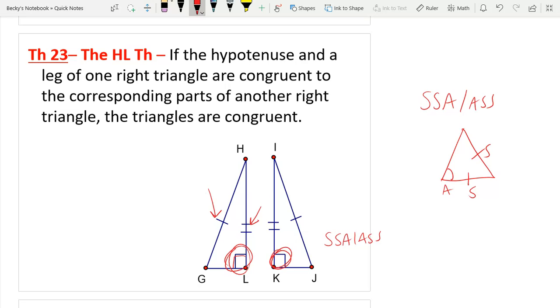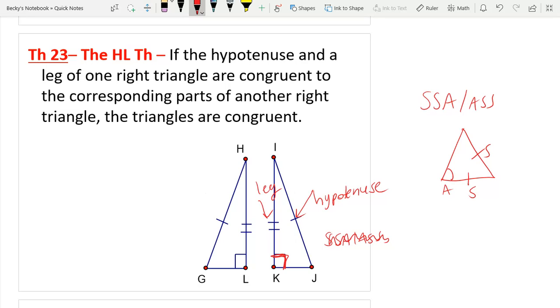So the letters HL. Why do we use HL? Because H stands for hypotenuse. And the L stands for leg. And can you have a leg or hypotenuse without a right angle? And of course not. So we don't call it SSA or ASS. We call it HL.